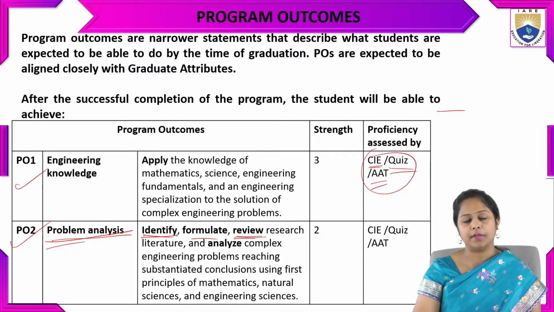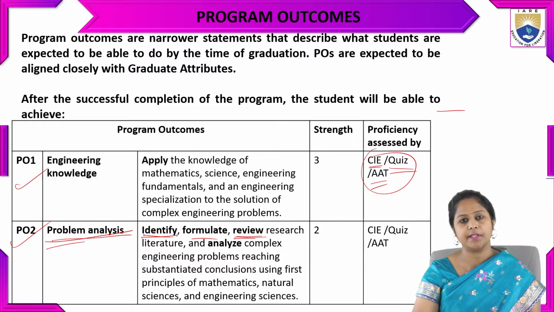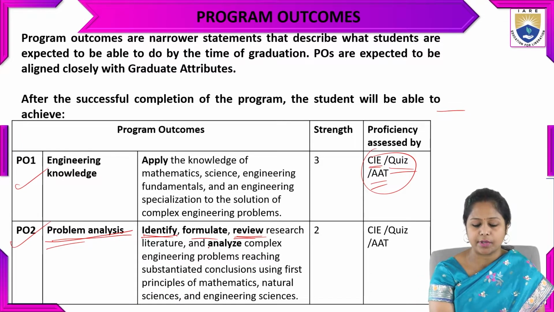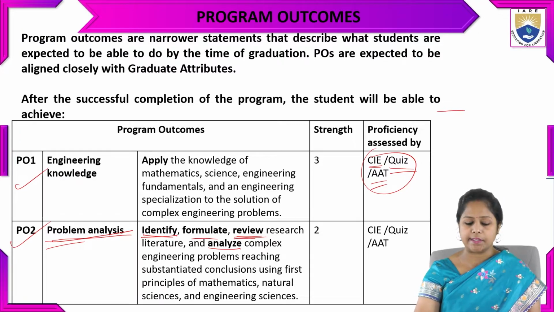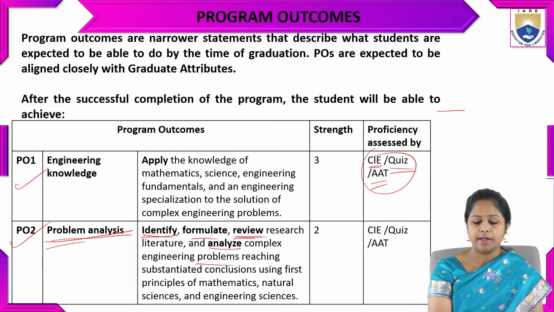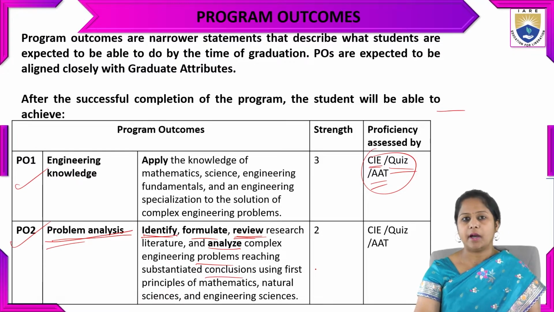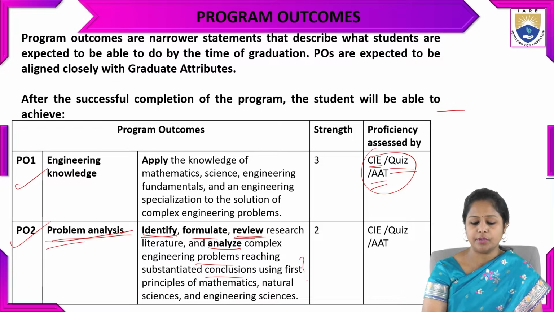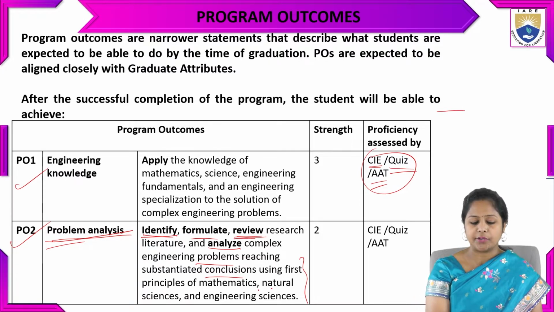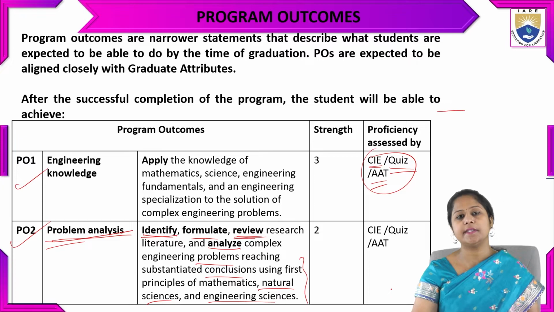After the review, he is going to take some of the research literature, and on the basis of that he is going to analyze complex engineering problems, reaching substantial conclusions. For that he is going to use first principles of mathematics, natural sciences, and engineering sciences.